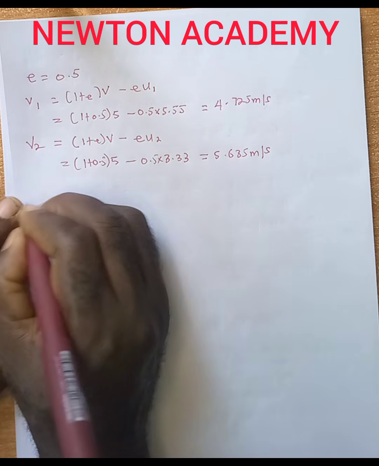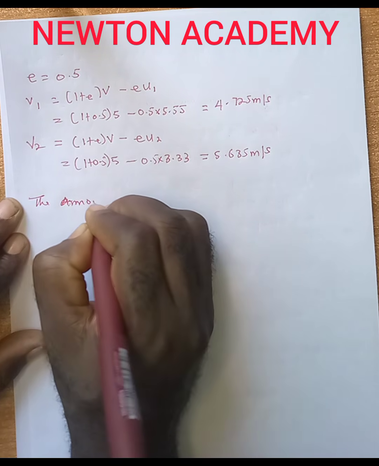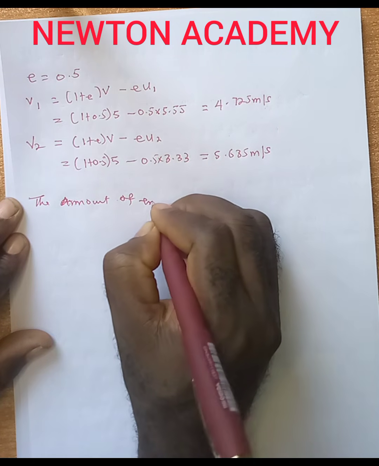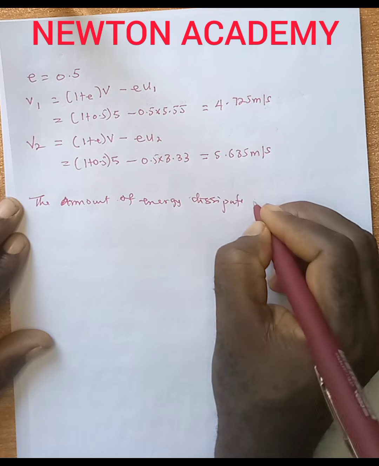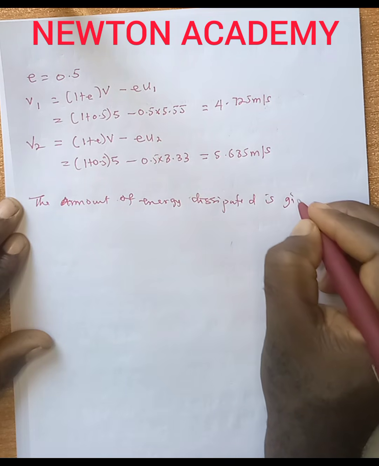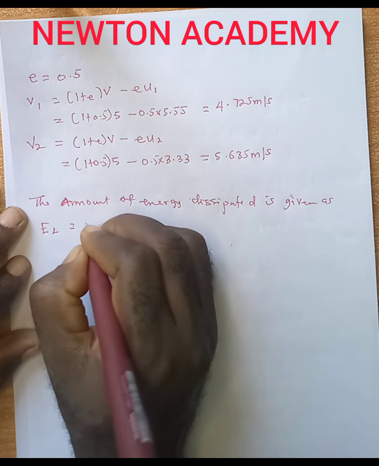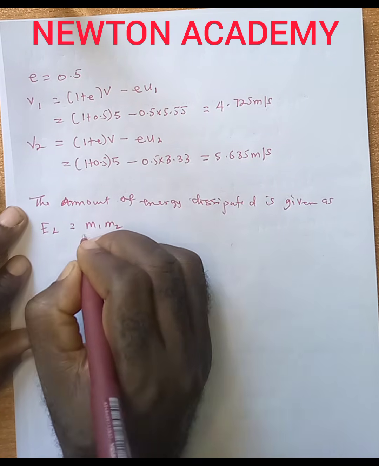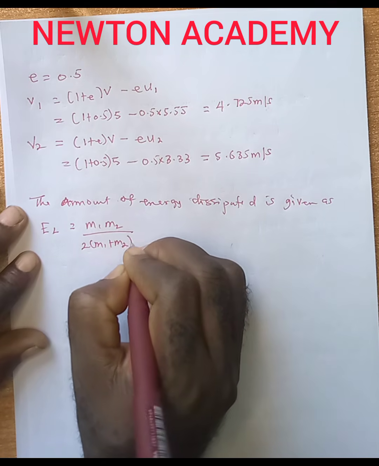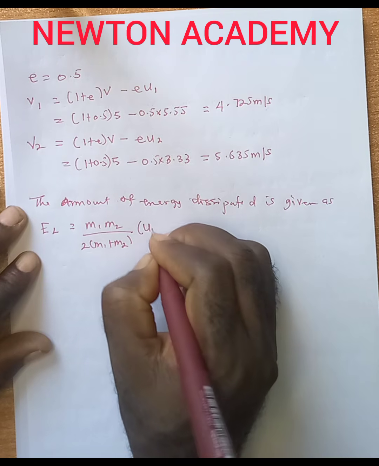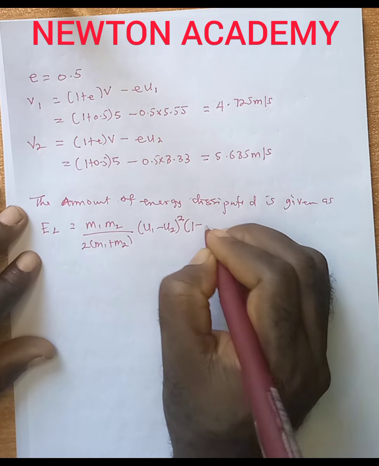So the amount of energy dissipated is given as EL, which is equal to M1 M2 over 2 multiply (M1 plus M2) multiply (U1 minus U2) squared into (1 minus E squared).